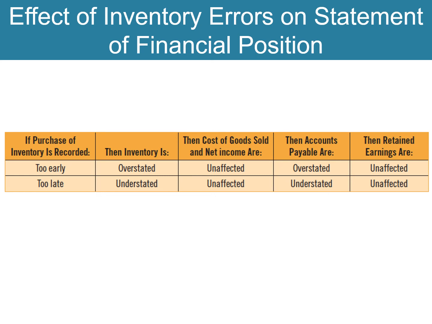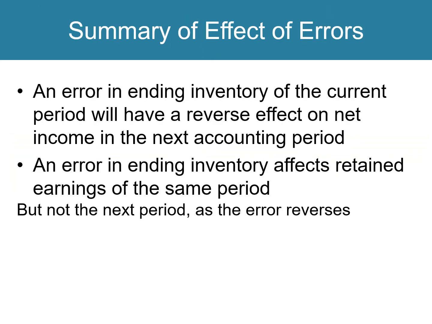If our purchase of inventory is recorded too late, then our inventory is understated, and our accounts payable are also understated. However, the cost of goods sold and net income are unaffected, along with the retained earnings as well.